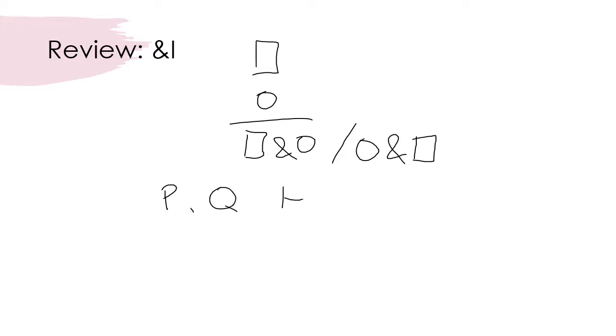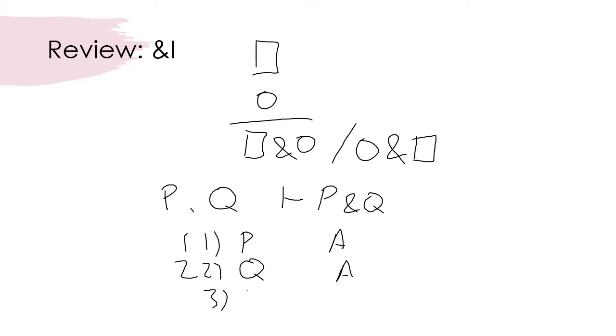So simple proof again. P, Q, therefore P and Q. So we would list our assumptions first, associate them with the line numbers they appear, and then from these, we can just put them together. Ampersand in, 1 and 2.